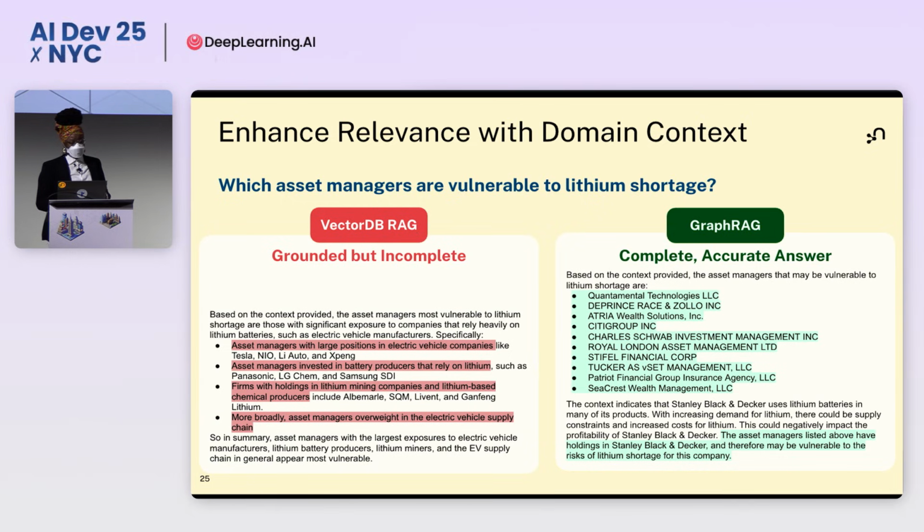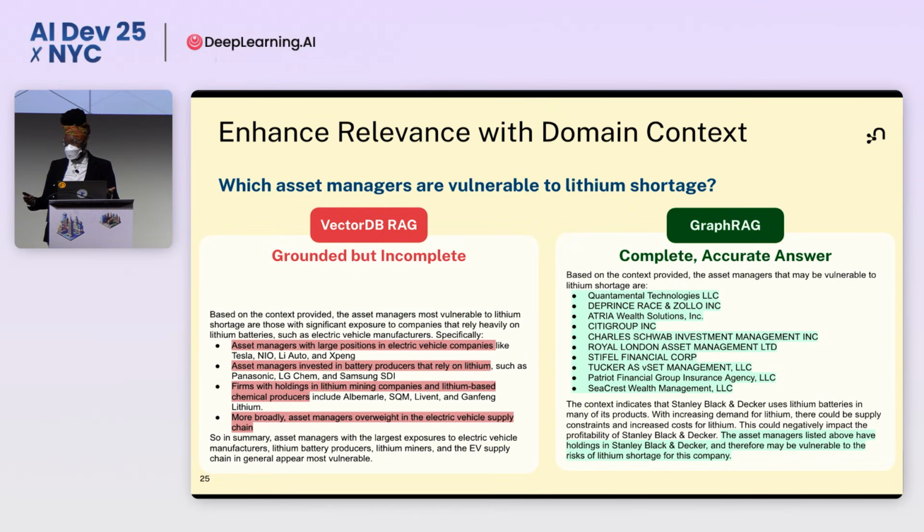So in this specific use case, the impact on the answers our agents respond with using knowledge graph augmented context is well known as well. In this example, we asked our system which asset managers are vulnerable to a lithium shortage. Vector-based RAG gave general answers, while graph-based RAG gave us a concrete list of asset managers.